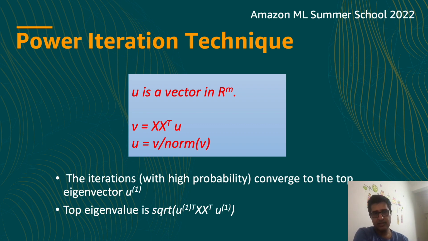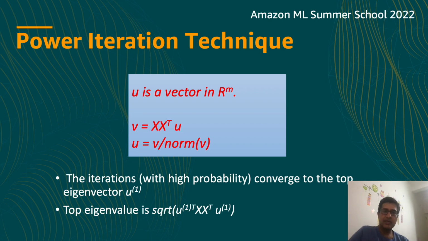In step one, it identifies the top eigenvalue, and then based on that, it identifies the next one, and so on. Once you do that, with high probability you converge to the eigenvectors you were looking for in the first place.